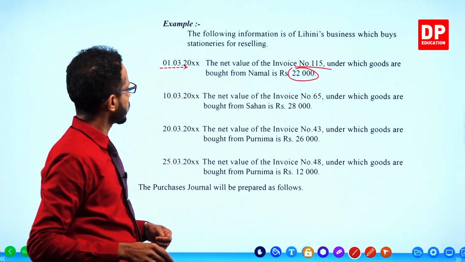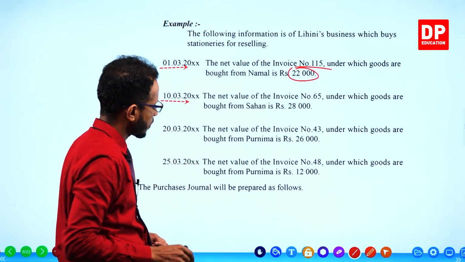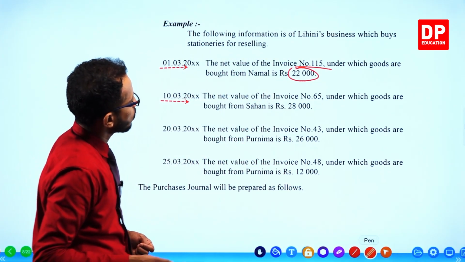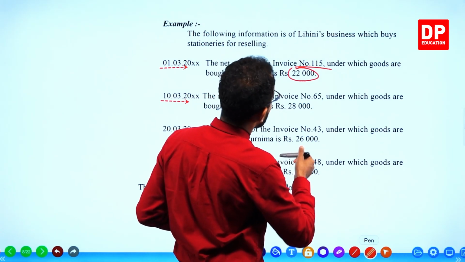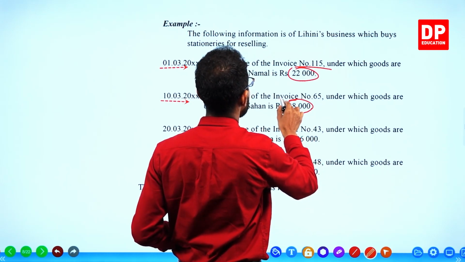10th of the month. Net value 28,000 under the invoice number 65.